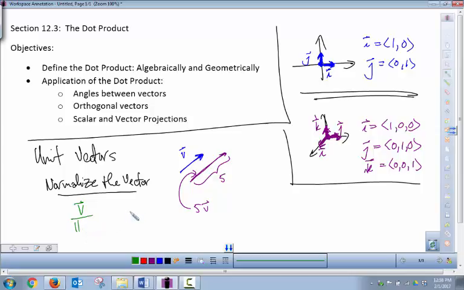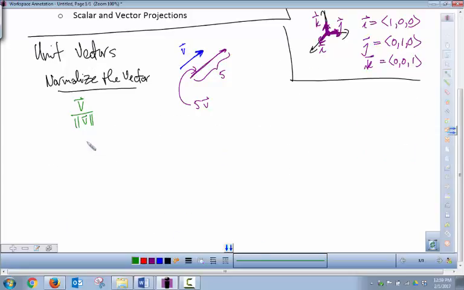Oh, did I talk about magnitudes? No. So a magnitude. Remember, a vector has a direction and magnitude.